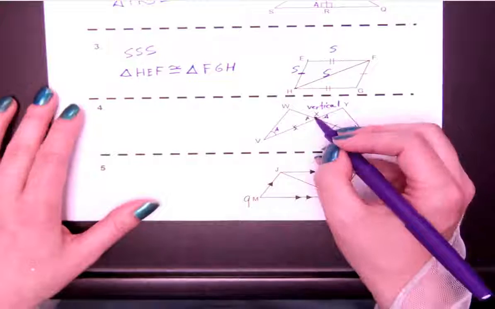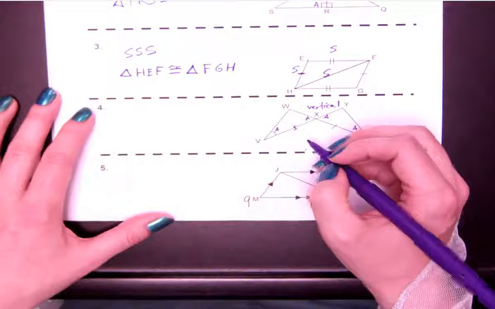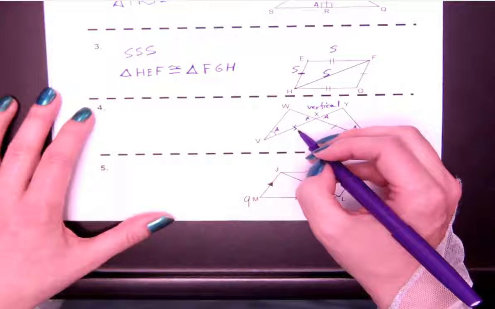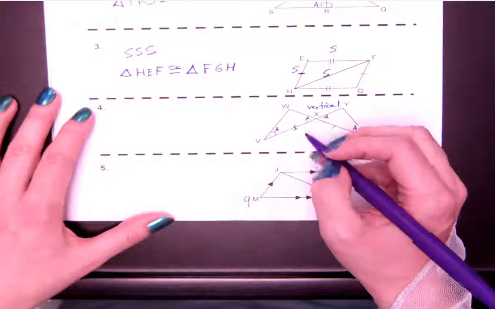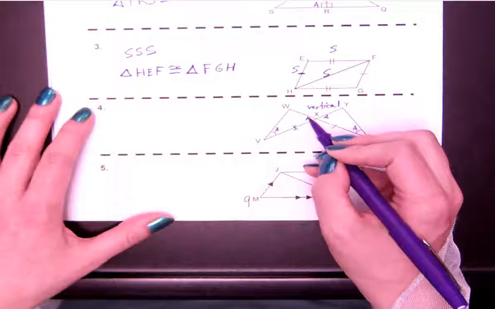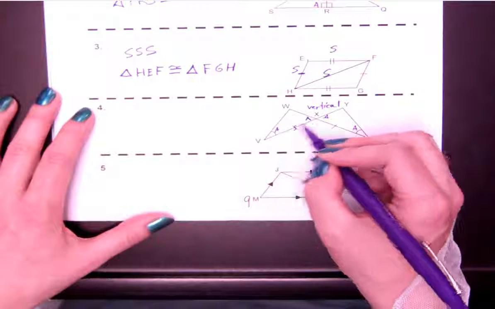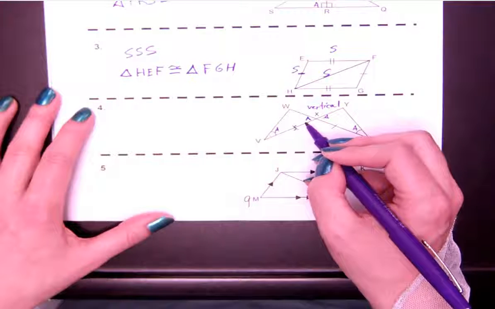So what I do is I label what's here. If it was side angle side, I would need a second side, right? So I label this and say, okay, what do I have? I have 2 angles and a side, and then I check the order. If it's angle, side, angle, the side will be right in between the 2 angles.